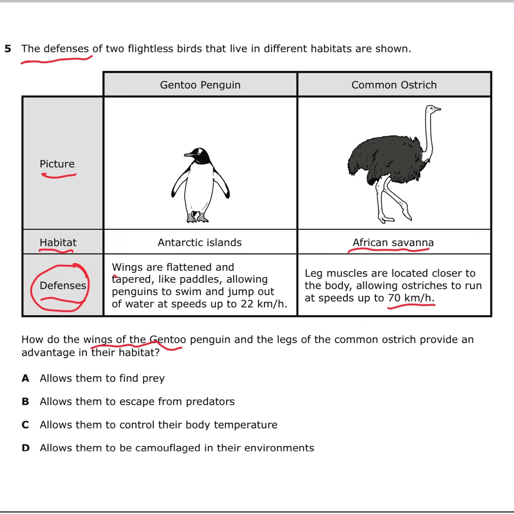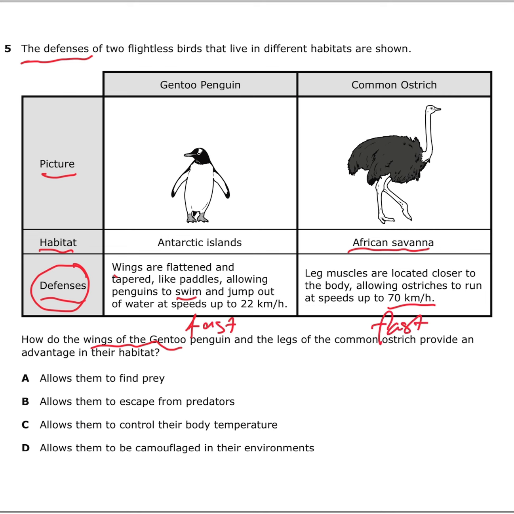For the gentoo penguins, they can swim and jump out of water very fast with their wings. And for ostriches, they can run at the speed of up to 70 kilometers per hour. So it's really fast. So they can jump out of water really fast and they can run really fast with these features.